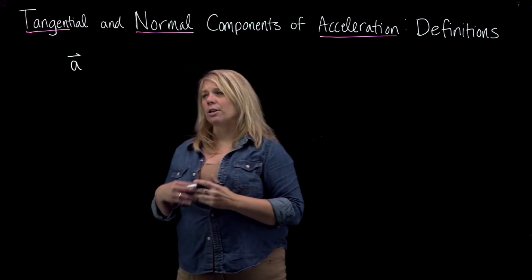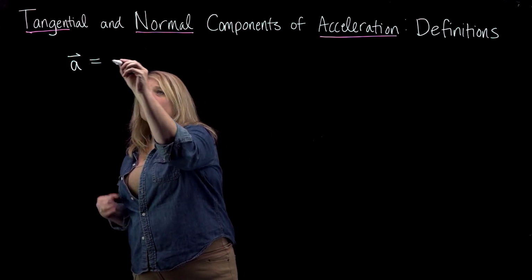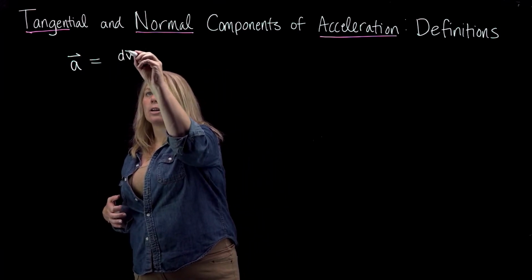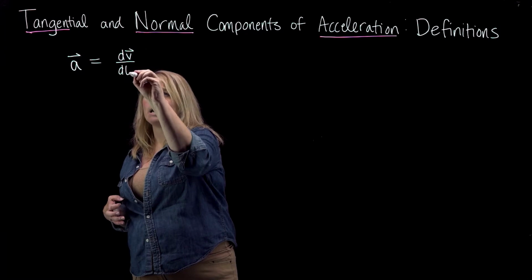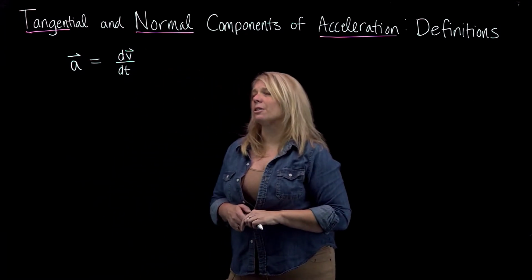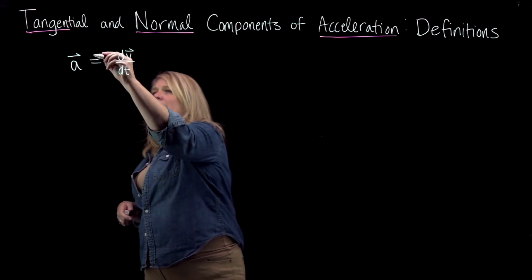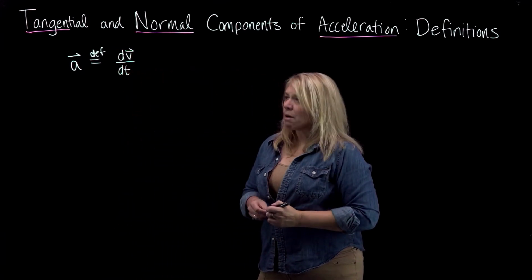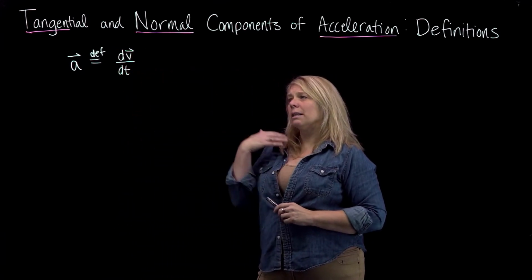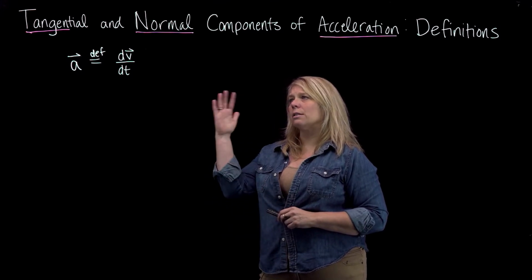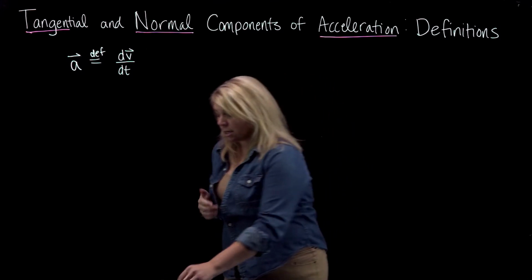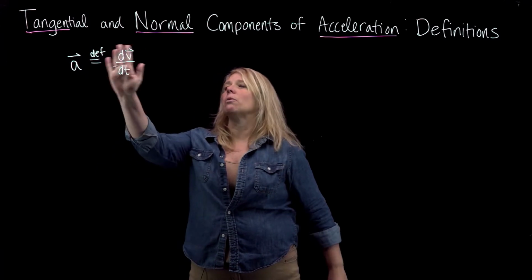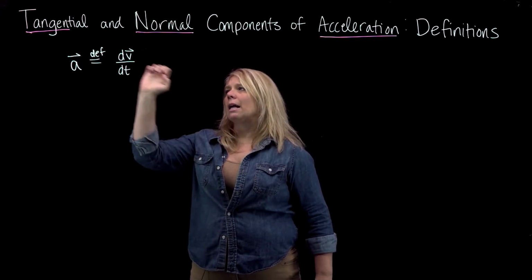The acceleration vector is just the derivative of the velocity vector with respect to time, or the second derivative of the position vector. Right? So that is from some previous definition. And what we want to do now is relate that to the tangent and normal vectors. So we need to make a connection here between what we've got here and these two vectors.